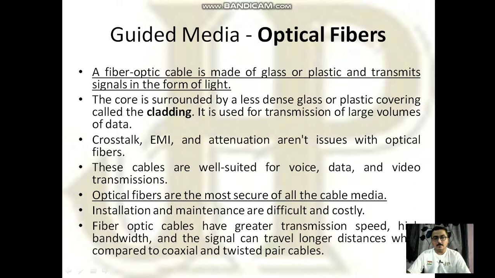Crosstalk, EMI and attenuation are not issues with optical fibers. It is used for transmission of large volumes of data. That's why these cables are well suited for voice, data and video transmission. Clear?